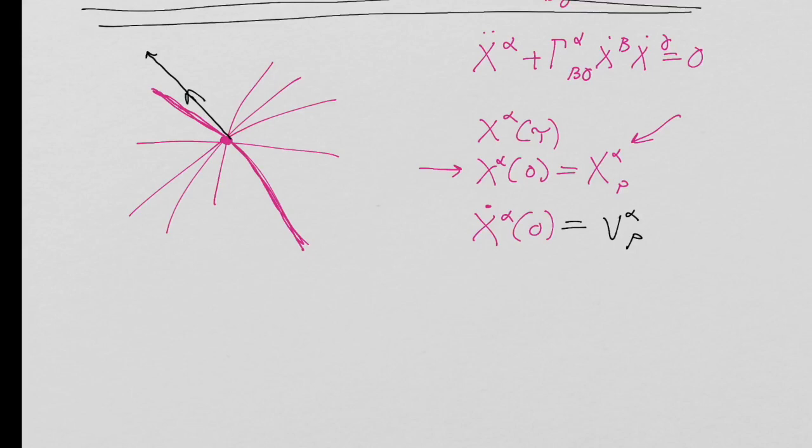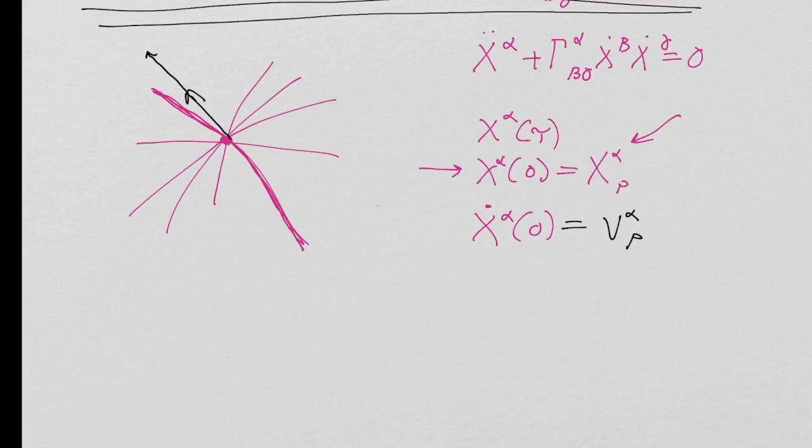So these are the initial conditions that solve this geodesic equation, and for these two particular initial conditions, you're going to get this particular geodesic. All the geodesics share the first initial condition because they all go through the point P, but this one distinguishes each and every other geodesic that goes through the point P. All right, that should sound awfully familiar from the previous lecture, right?